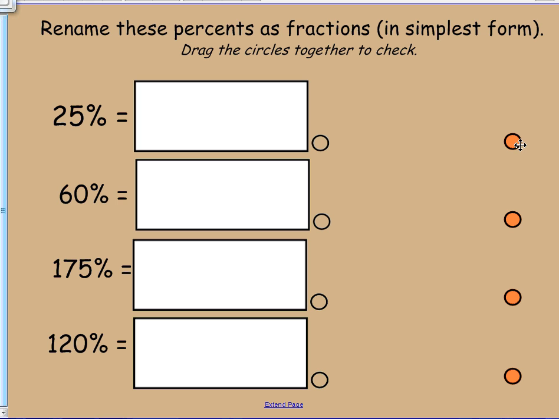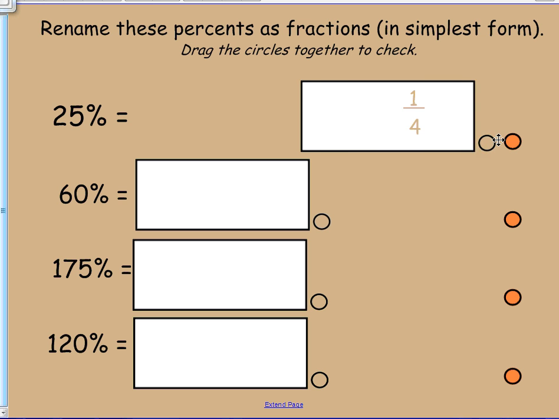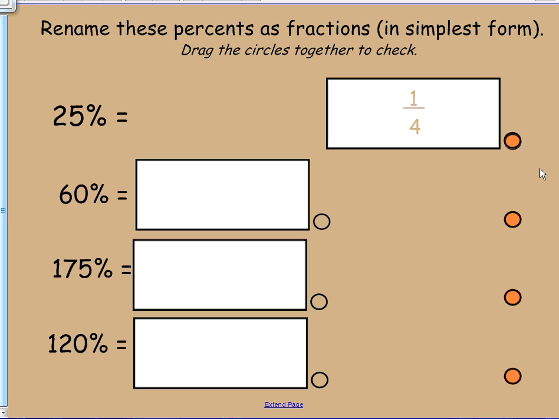All right, so the last things we have today is rename these percents as fractions in simplest form. So for example, we could say that 25% is 1/4 simplified. 60% we could say as being 60 over 100.